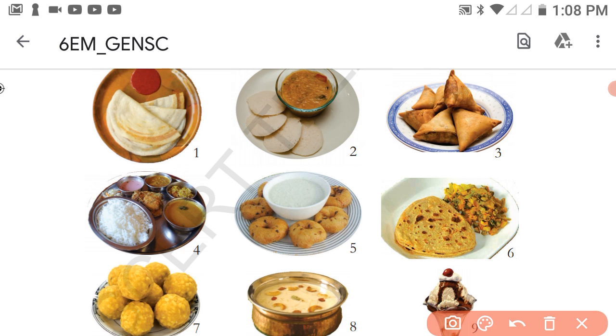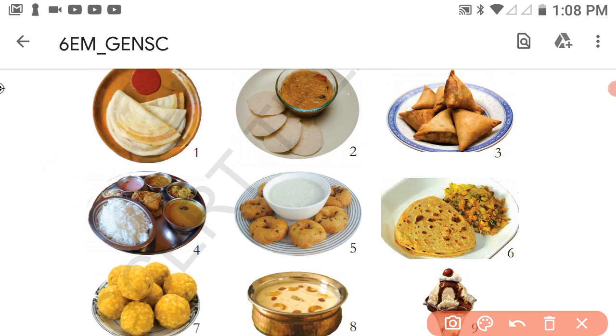So looking at the dishes in this plate, we can tell that we mostly have it for lunch in our state, in Telangana and Andhra Pradesh, because rice is our staple food. So we mostly have it for lunch and dinner.